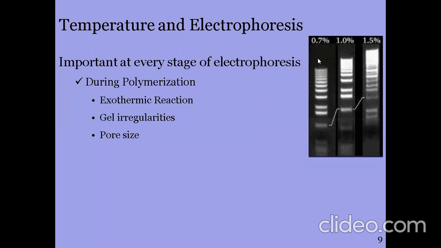In the same time it moves faster and reaches here. But if the concentration of the gel is 1%, it will move slower compared with this. All of the bands will move slower. And if we compare it with 1.5%, the pore size will be smaller, the concentration of the gel is more, so it will move even slower than this one.